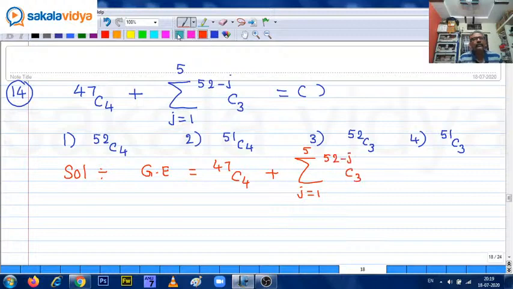What we need to do? For this one, add plus 1. Here, just put j for 0. So now this equals 52C4. This is the answer. So first option.